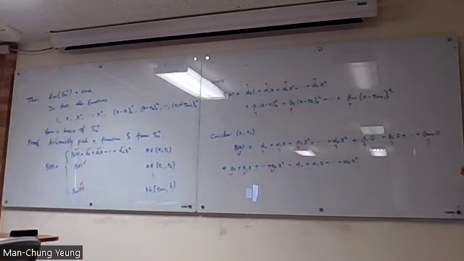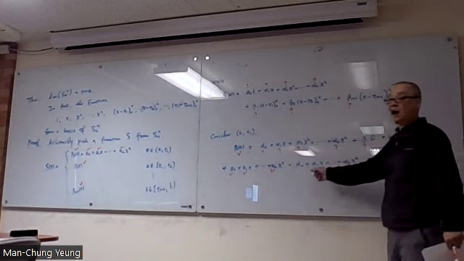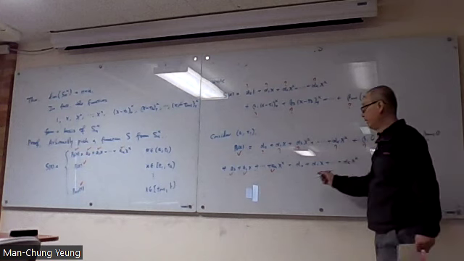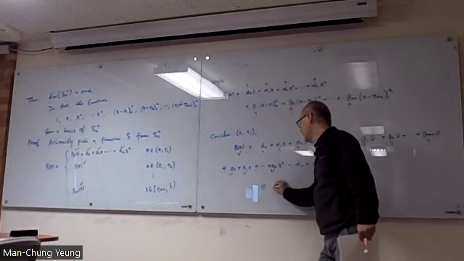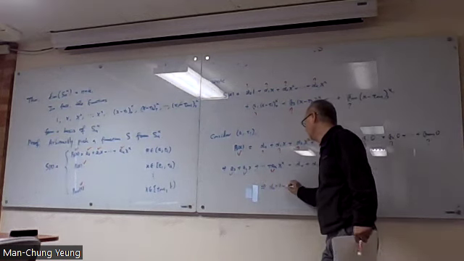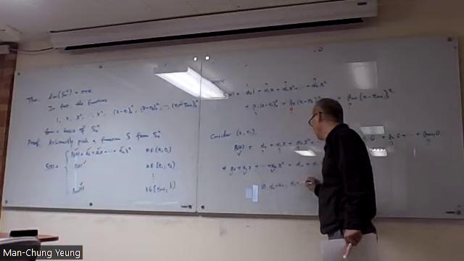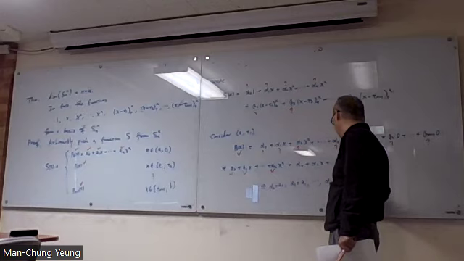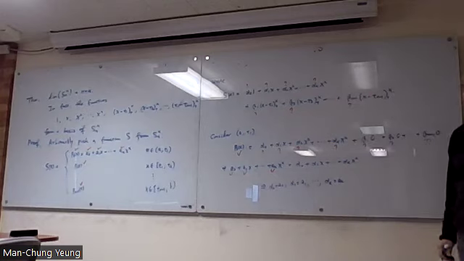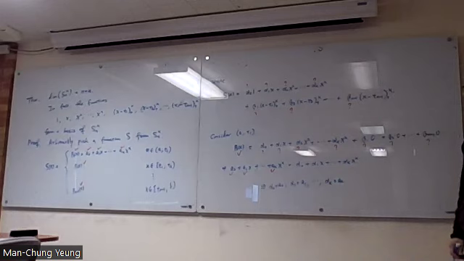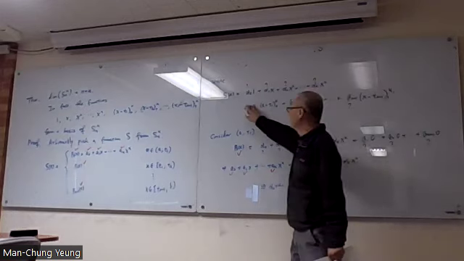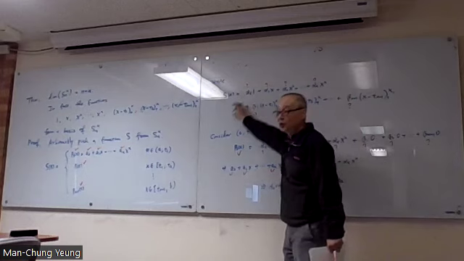Now, how to set alpha? The only choice is set alpha 0 to be A0, alpha 1 to be A1, alpha K to be AK. I want to find alpha and beta so that this equation is true.